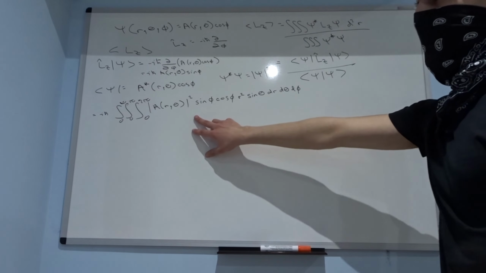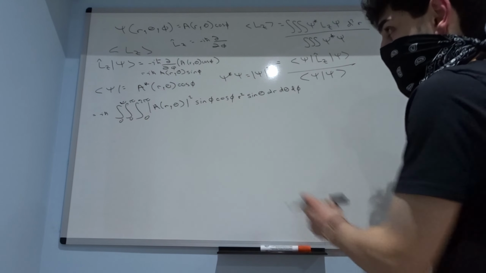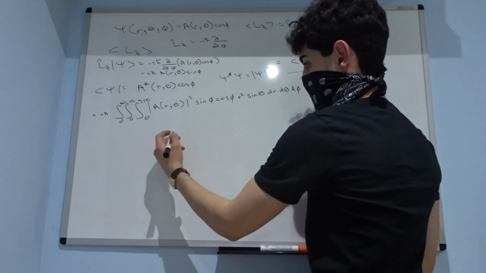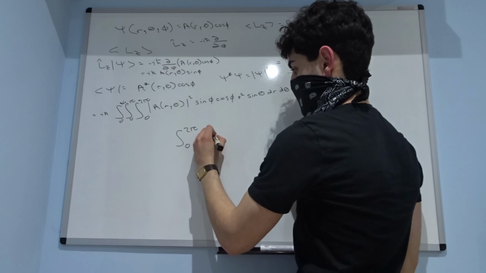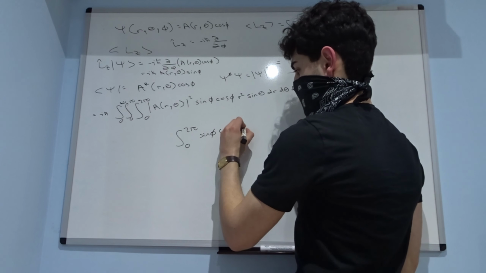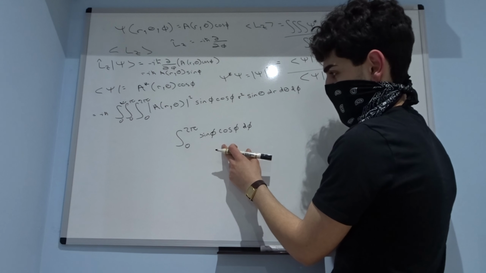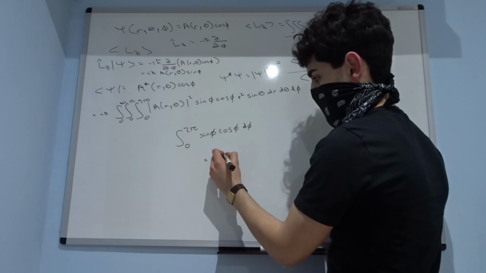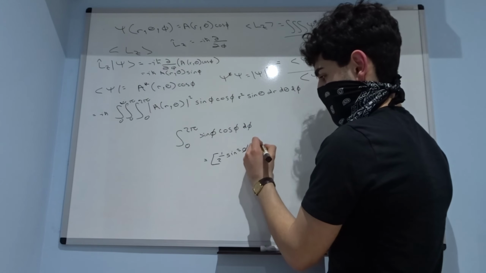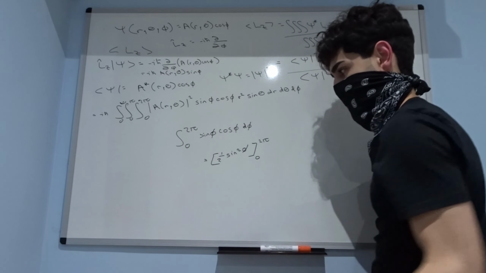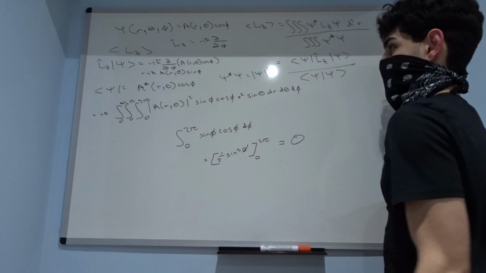So the expectation value is this. Now this looks like a mess right now, but you can already see that if we just take out the integral of phi, which is sine phi cos phi, if you know your integrals, this is just half sine squared phi from 0 to 2 pi, which is 0, which means this whole expression equals 0.